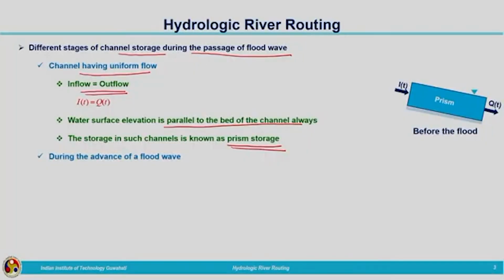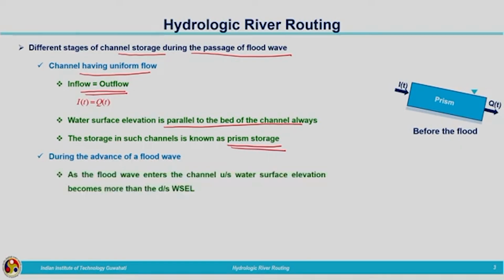Now, imagine the condition of a flood wave entering into the system at the upstream. So, that flow condition which we have assumed, that is the uniform flow condition, has altered. So, at that time we will be assuming the flow to be gradually varied flow. So, during the advance of a flood wave, what will happen? As the flood wave enters the channel, upstream water surface elevation becomes more than the downstream water surface elevation.